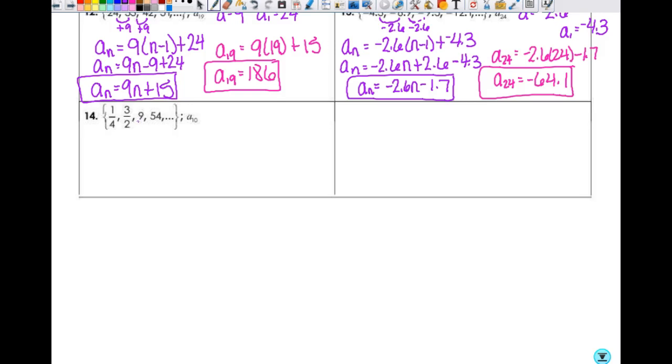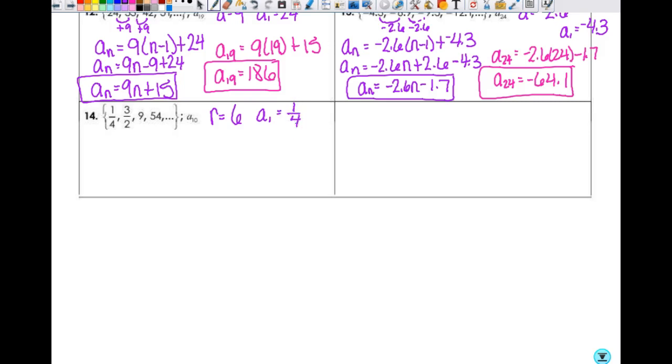And if it's geometric, then I've got to be multiplying by something each time. Well, 9 times 6 is 54, and 3/2 times 6 is 9. 1/4 times 6 is 3/2. So my common ratio here is 6. A1 is 1/4.